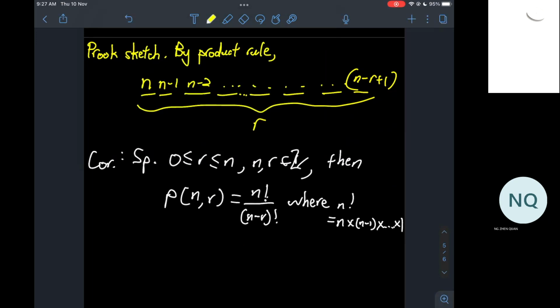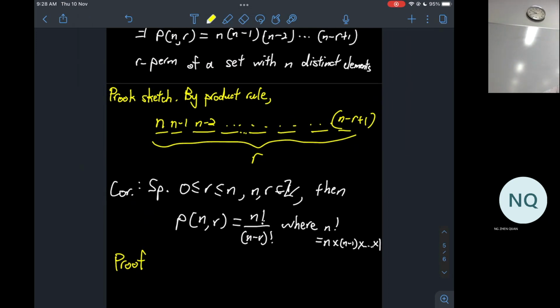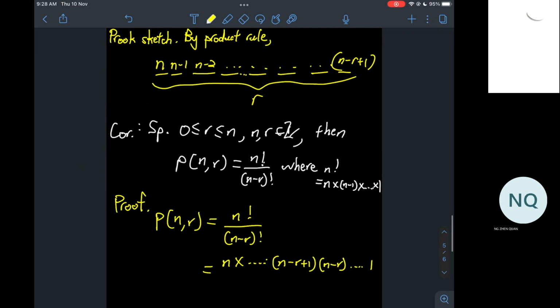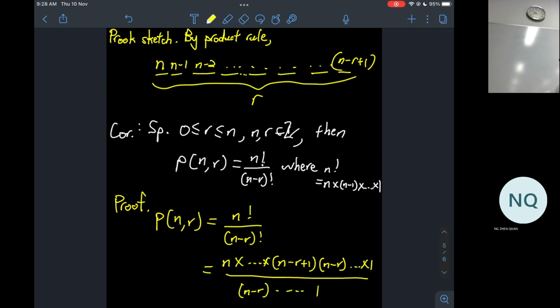So is it easy to see from here? P(n,r) is equal to n factorial over (n minus r) factorial, which is n times (n minus 1) up to (n minus r plus 1), times (n minus r), and then going on down to 1, over (n minus r) and keep going to 1.